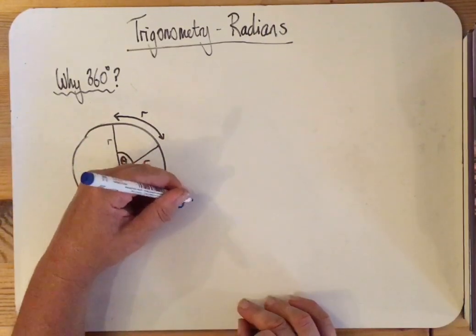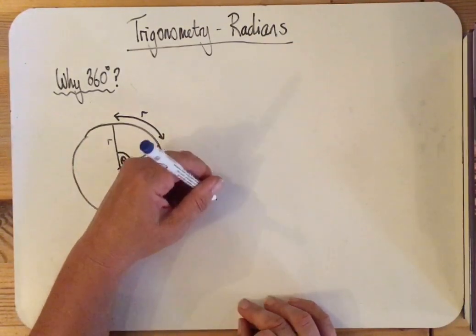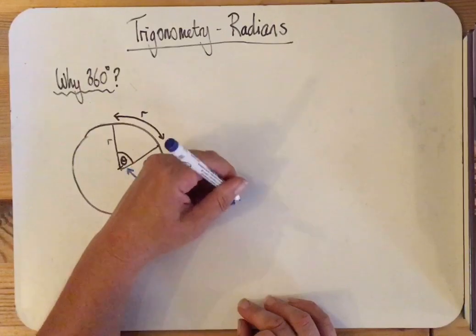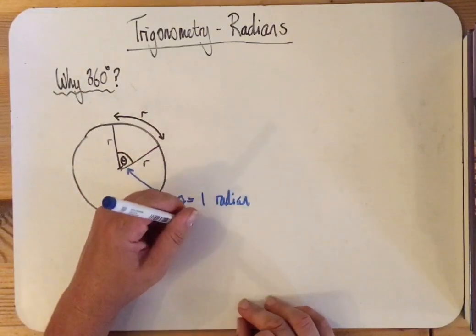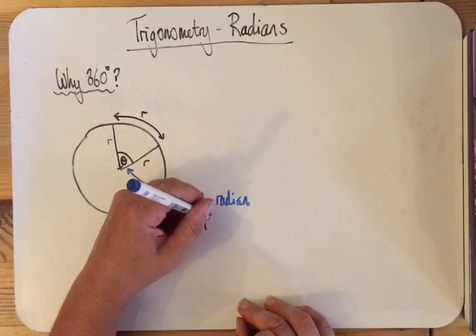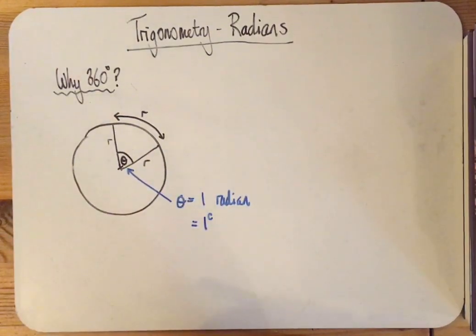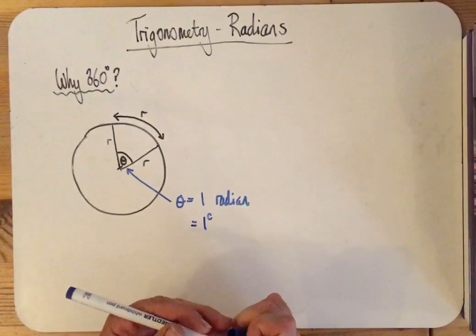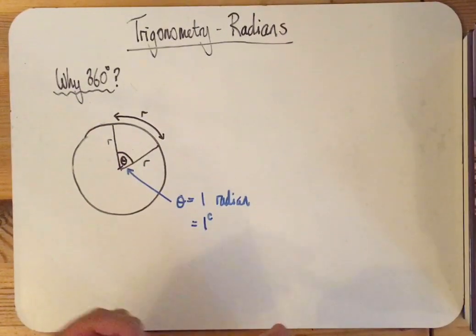So theta is equal to 1 radian. There is notation for radian, but it just doesn't get used in A-level maths, but it's a little c like so, and doesn't look dissimilar to the symbol for degrees, but anyway, I'll talk you through that as we go.